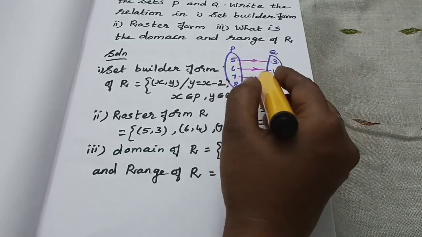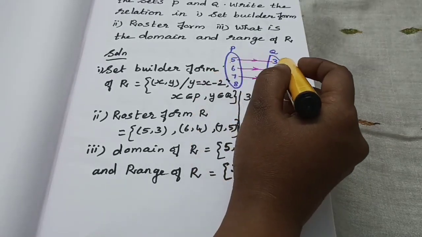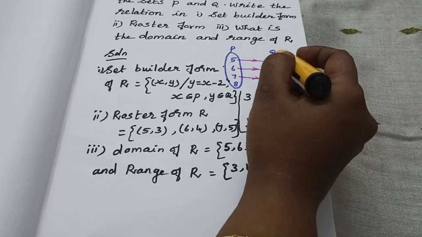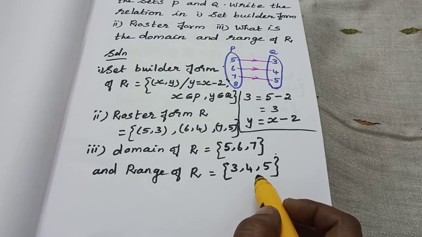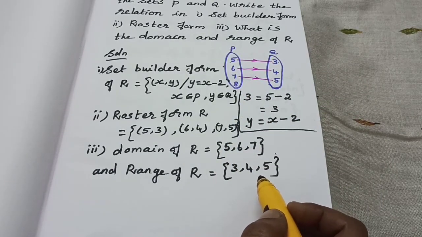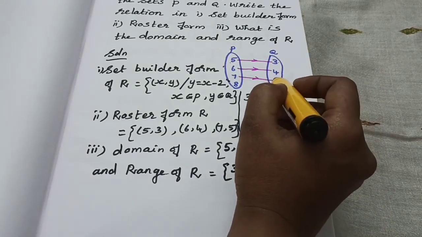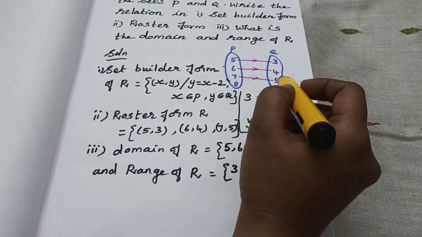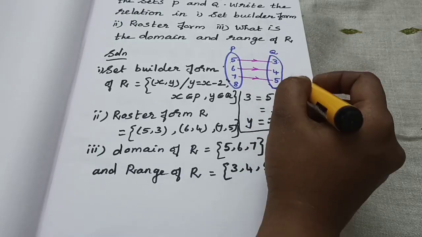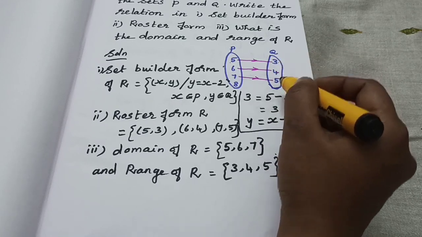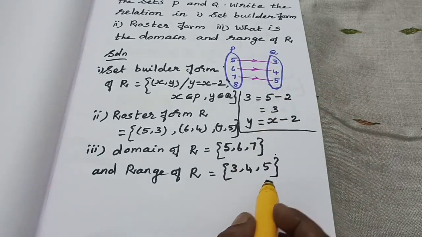Then here, what are the relations we have? 7 and 5, 6 and 4, 5 and 3. Isn't it? For these relations we take the corresponding y values as the range. Have you understood? The range of R contains which values? Q values, isn't it? Then what are the values? 3, 4, 5. Okay, these 3, 4, 5 elements are the answer.